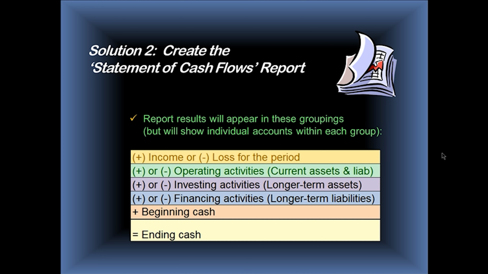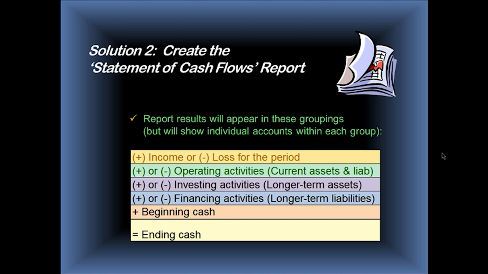Then it's going to show you positive or negative cash flow from investing activities, and these would be your longer term assets, so fixed assets or long-term assets, such as if you issued a land contract receivable or something along that line. And then for financing activities, that relates to your longer term liabilities, and again plus or minus based on those financing activities. Then what they do is add in the beginning cash, and the combination of all those numbers will give you your ending cash.